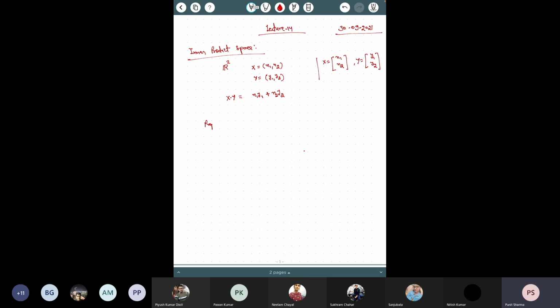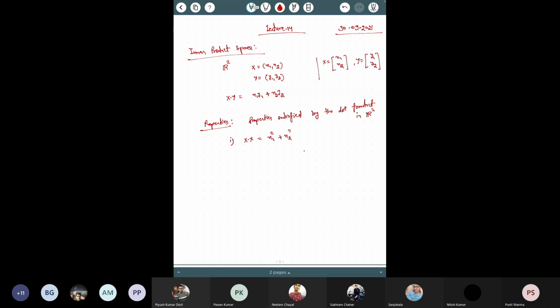So let me write down the properties satisfied by the dot product in R2. For example, if I take the dot product of x with itself, then by definition it is x1 square plus x2 square.